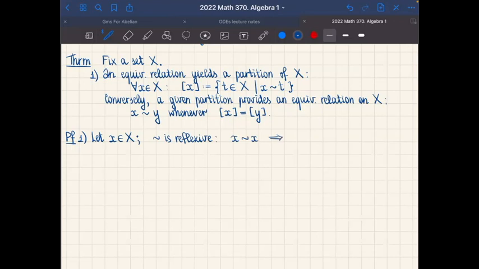Therefore, x belongs to the cell defined by x. So x is in at least one cell.